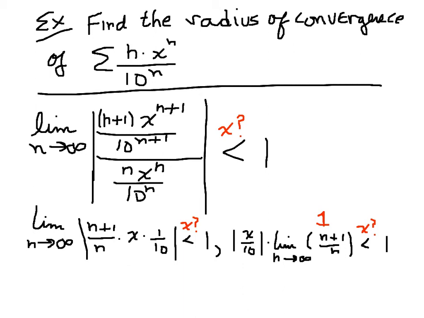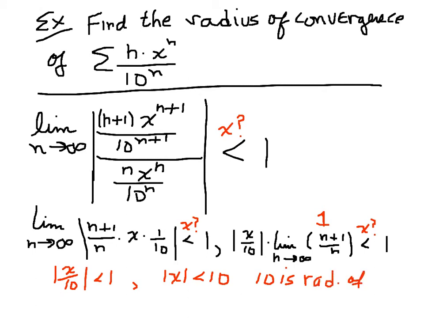And so what that implies then is that the absolute value of x over 10 has to be less than 1, which means the absolute value of x is less than 10, which means 10 is the radius of convergence.